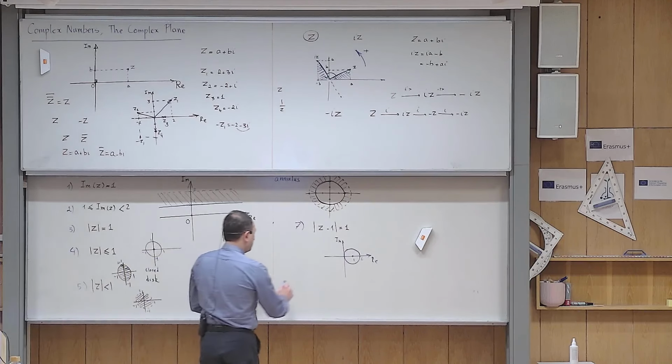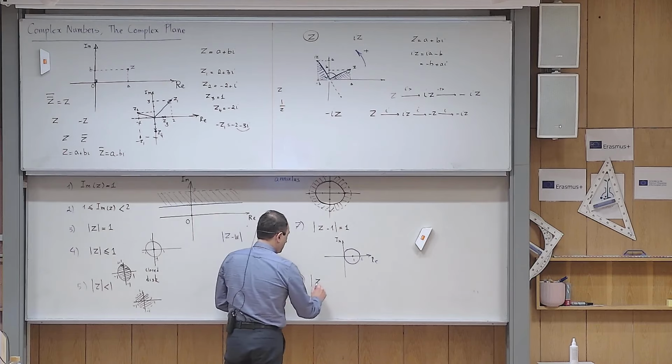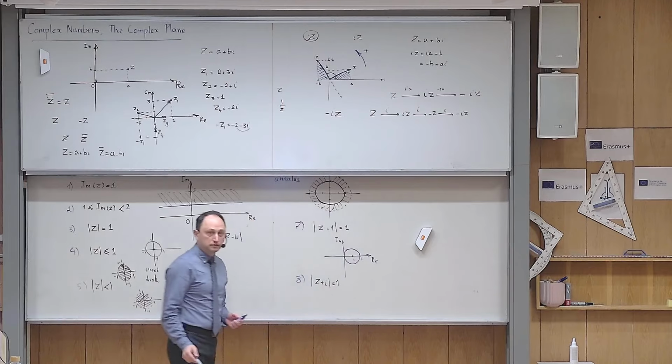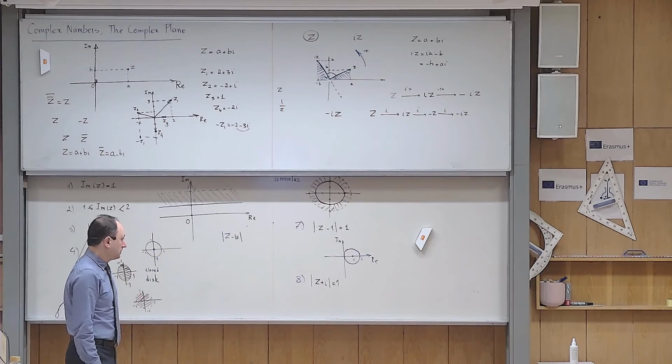Number 8, absolute value of z plus i equals 1. Let everyone think.